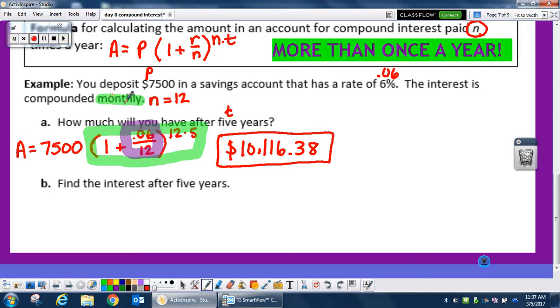Okay, so again, that's how much money you would have saved in the account if you deposited $7,500 at a rate of 6% compounded monthly. So to find the actual interest earned, you would do that total minus the initial amount that you put in. Okay, so let's see what that is.